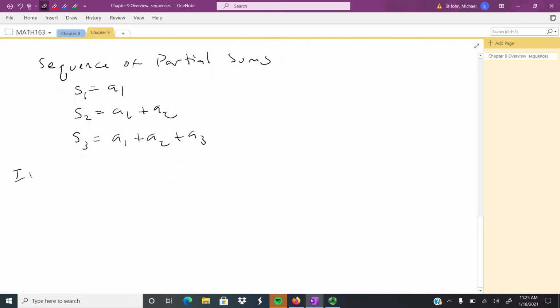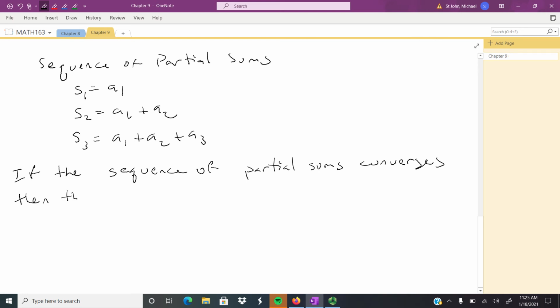So if the sequence of partial sums converges, then the infinite series converges.